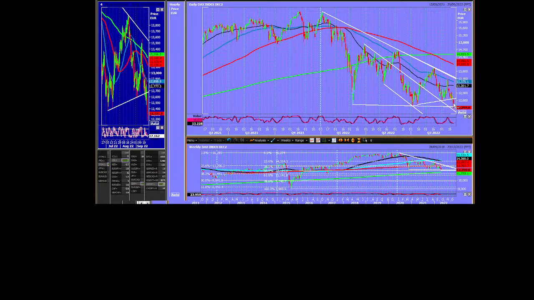So look, if you want a low risk trade, it could be worth buying it at like 12,150 and putting in a stop at 11,980. If you don't mind risking that, as long as you're going to be quick to reverse into a short position, because if we break 12,000, I think we're going down to, what did I say? 11,500. So that could work.